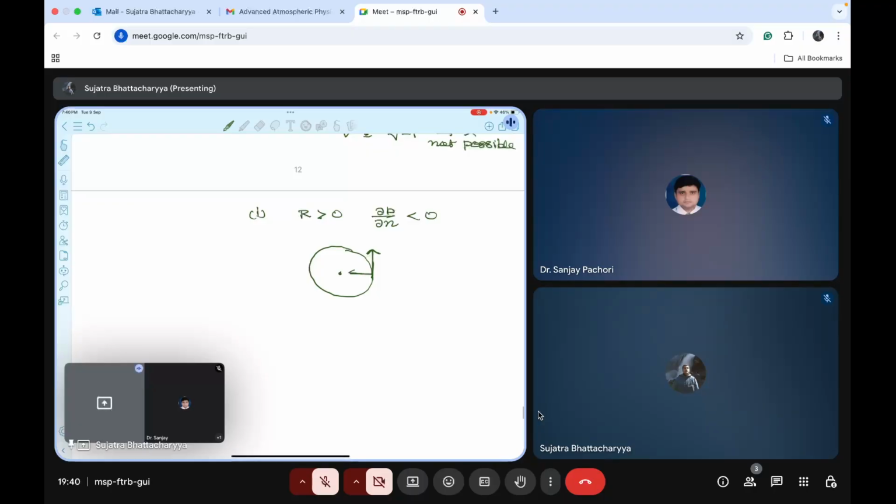So this is the N hat direction. In the N hat direction, pressure decreases. So it becomes low here, and it may be high outside. So you can see that around the low pressure system, there is a cyclonic circulation. So simply cyclonic circulation around the low.